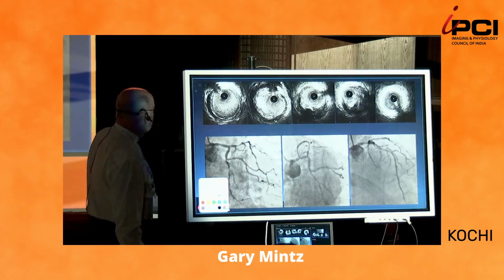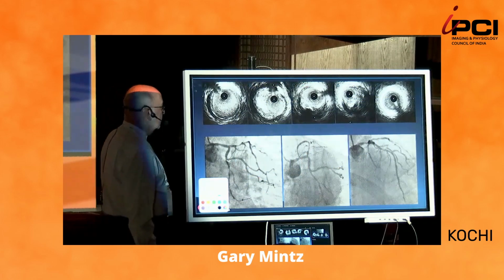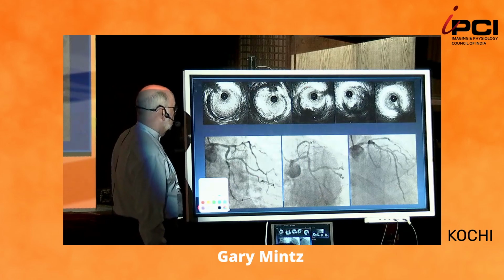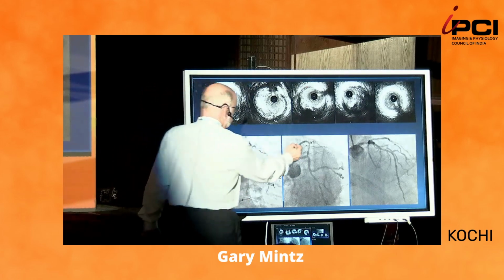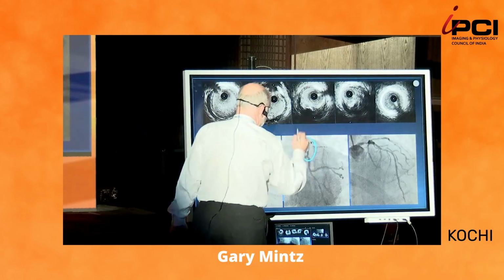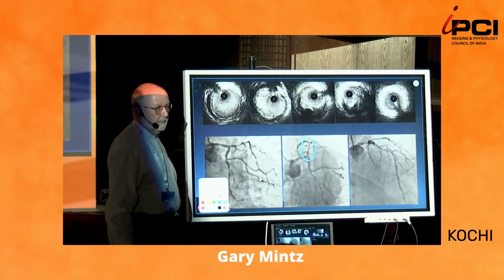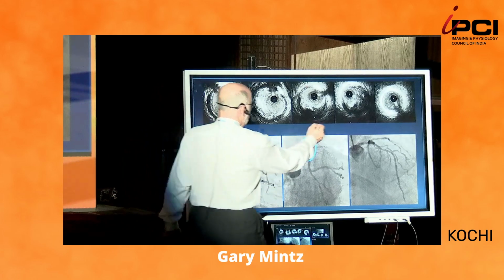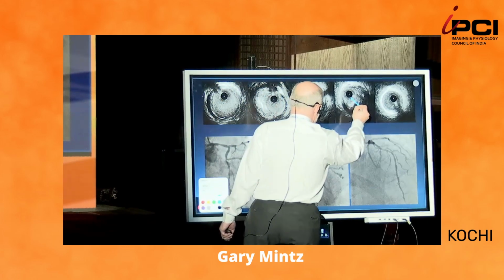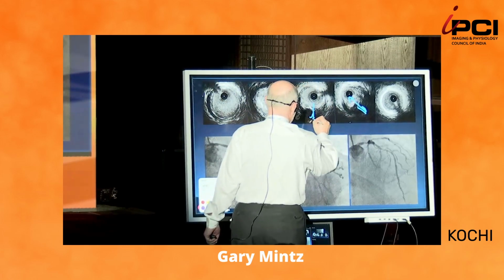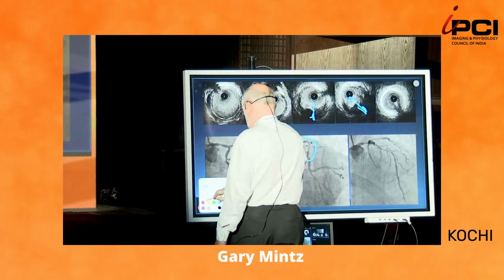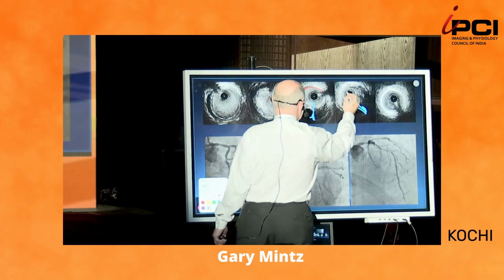Now, the next thing I want to talk about is eccentric versus concentric plaque. So look at this lesion and decide on your own angiographically if this is eccentric or concentric. So you can see by IVUS, it's eccentric. This is normal vessel, this is normal vessel.